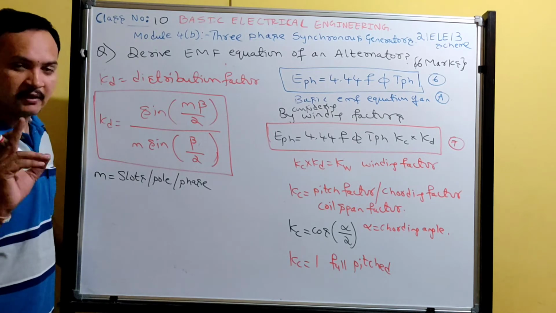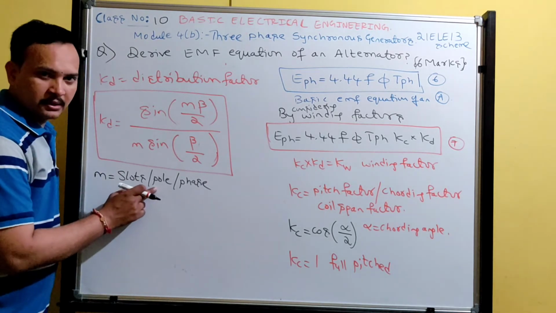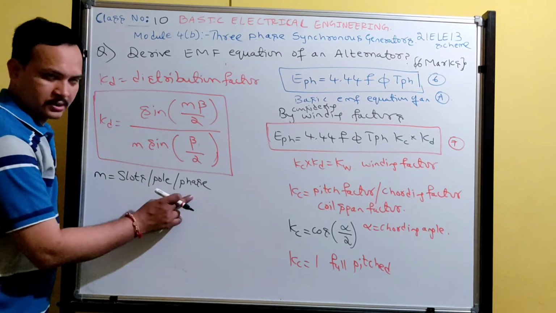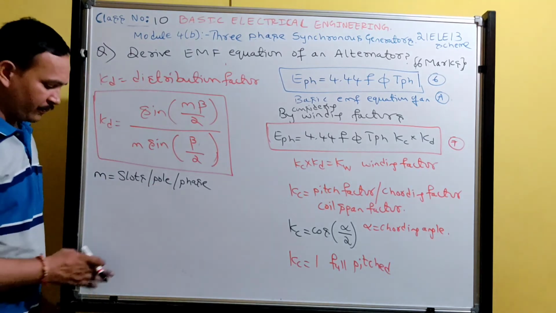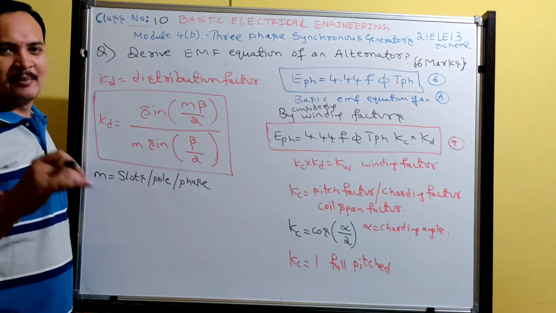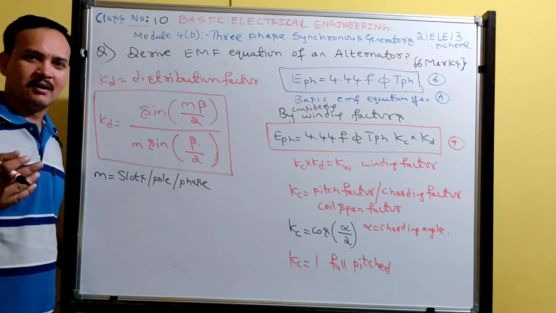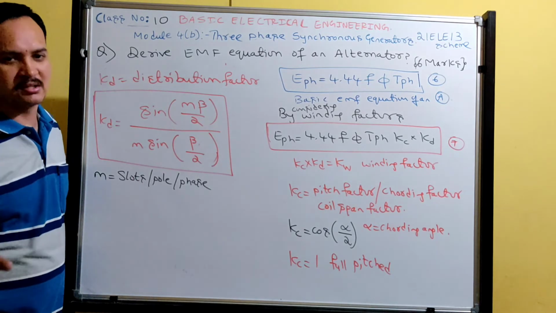If they give 3 phase, you divide by 3. That is the value of m. And you should get m as an exact integer, like 1, 2, 3, 4, 5. It should not come as a fraction.